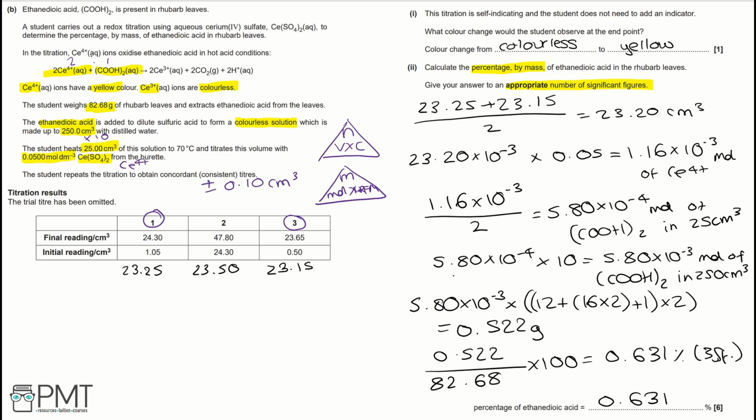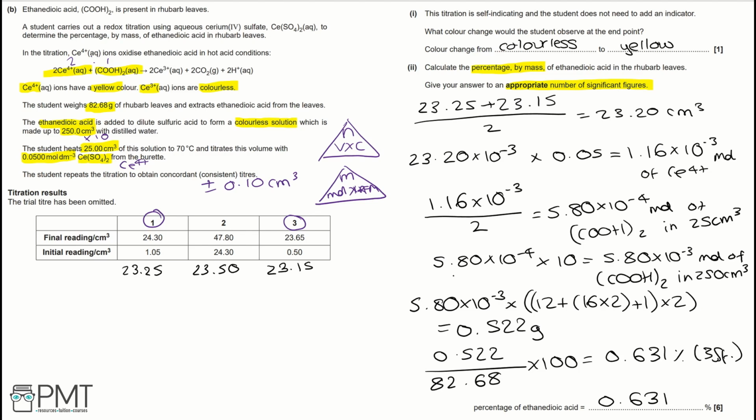To get the 6 marks for this question, you get a mark for correctly working out the mean titre, or 23.20 cm³, and a mark for working out the moles of Ce4+ correctly, 1.16 times 10 to the negative 3. You get a mark for working out the number of moles of ethanedioic acid in 25 cm³, which is 5.8 times 10 to the negative 4 moles.